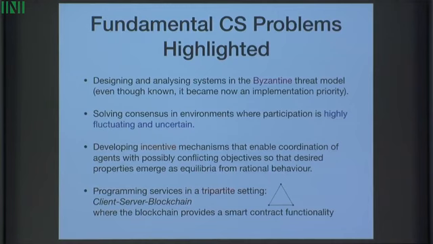Bitcoin tries to solve consensus in that setting. Proof of work-based consensus tries to provide consensus in that setting. But for a large number of high-value applications, we may not need a consensus protocol that has this ability to tolerate highly fluctuating and uncertain environments.